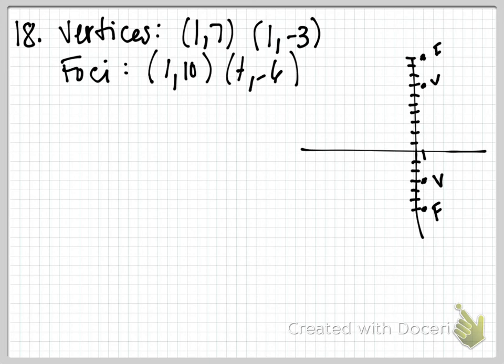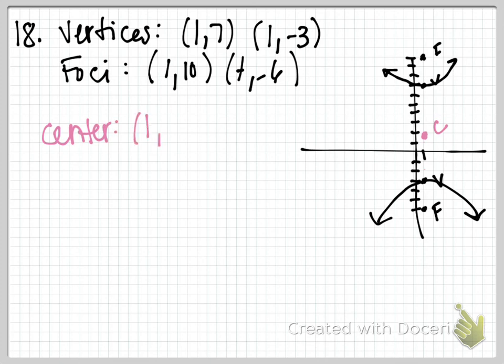First of all, it tells me that my hyperbola is a vertical hyperbola. It also tells me the center, which is going to be halfway. So that's going to be right here. So my center is at the point 1, 2.